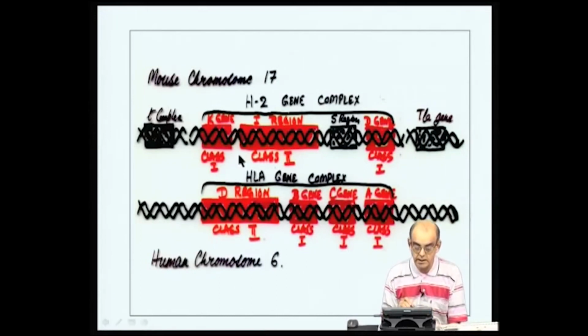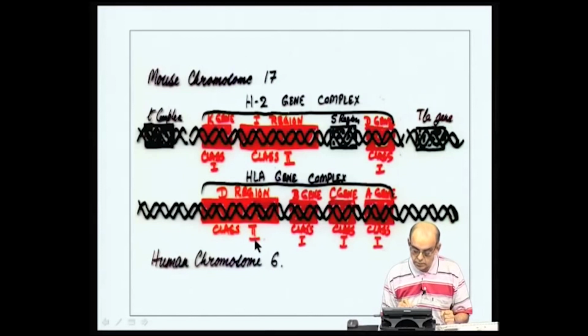So, this locus actually consists of different subloci, which is why you have two types of MHC antigens, as I told you earlier. In the mouse, this MHC is written as H-2, and in humans it is called HLA, standing for human lymphocyte antigen gene complex.